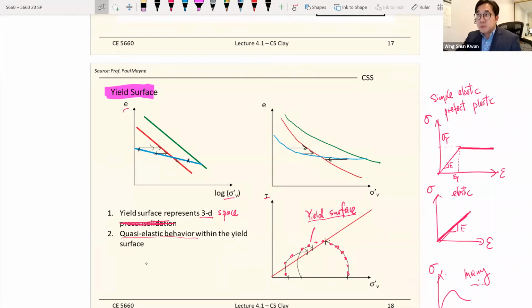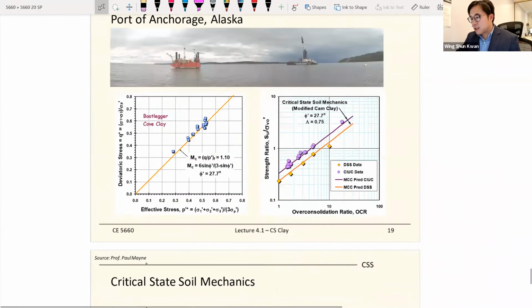Which means expensive laboratory testing, and expensive laboratory testing means the expense of retrieving undisturbed soil, which is not cheap. So if you have a high profile project, very likely from the consulting side, then that's the way to go.